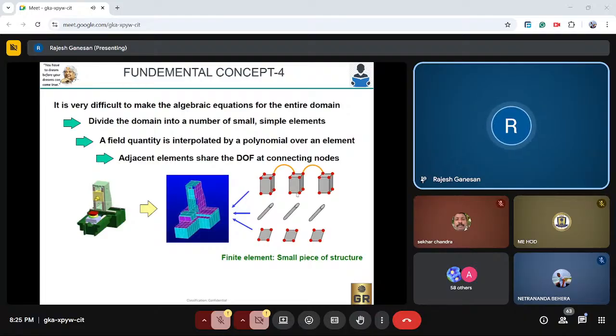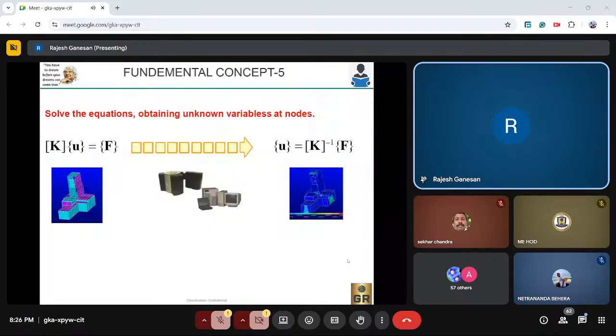The degrees of freedom are very important, since we are creating elements for a very big vertical machine. Finite element, in the sense, means small pieces of structure. The structure is converted into pieces, and those small pieces of structure are called finite elements.